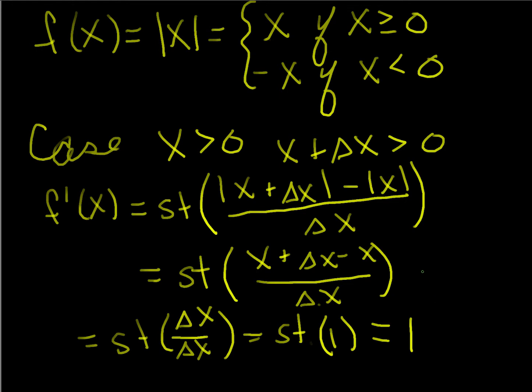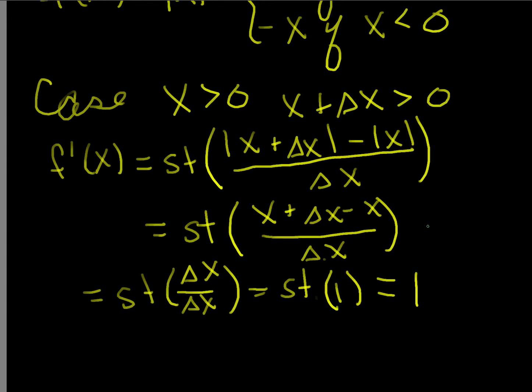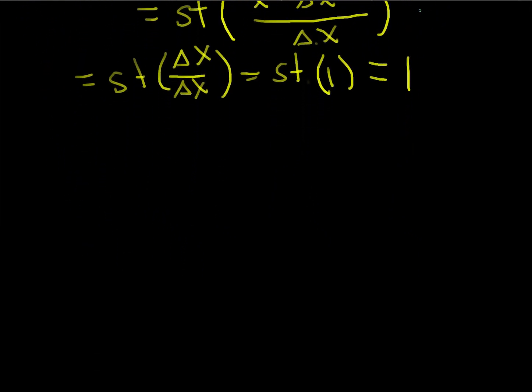It's a constant. The second case we have to look at is when x is strictly negative. So if x is negative, less than 0, then even adding an infinitesimal, because it's infinitely small, will not change it over to being bigger than 0.